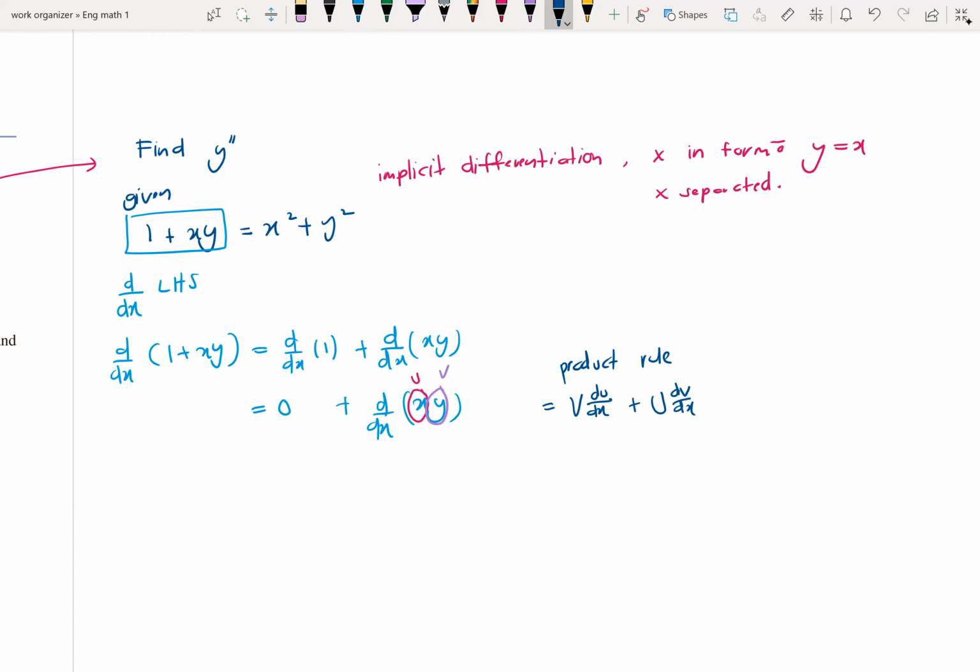What is the independent variable? In this case it is x.